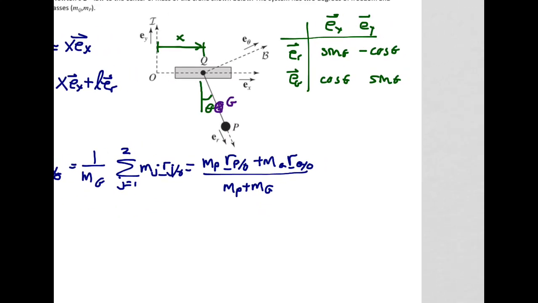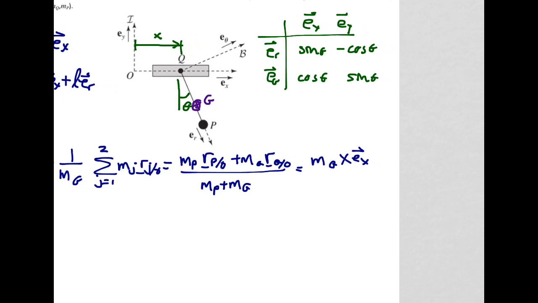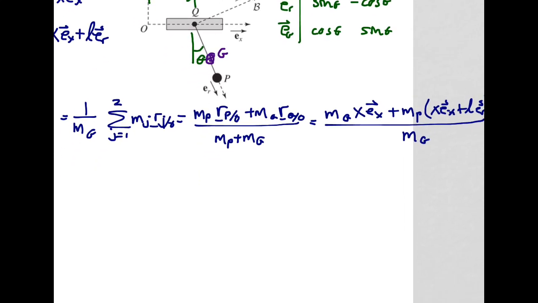We plug in all of our terms. For our position vectors, we get MQ times x in the EX direction, so now we're putting this in our basis vectors, plus MP times its position, x in the EX direction plus L in the ER direction, divided by mg, the total mass of the system.